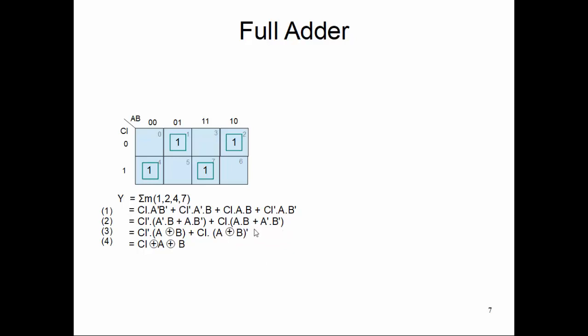Why so? If A XOR B is A bar B plus A B bar, then its complement, which is the XNOR function, must be AB or A bar B bar. We just combine the other possible min terms. For two variables, I have 4 possible min terms, right?